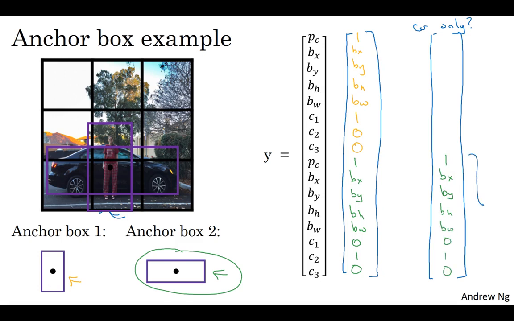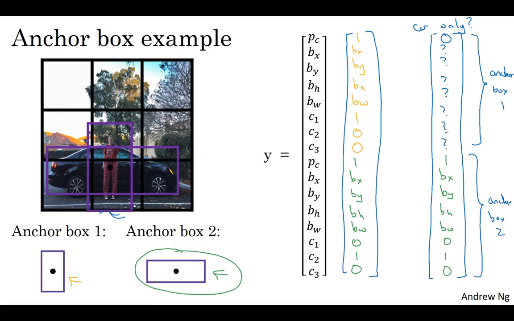Remember that this is the part of the vector corresponding to anchor box 2. And for the part of the vector corresponding to anchor box 1, you just say there is no object there, so PC is 0, and then the rest of these would be don't cares.